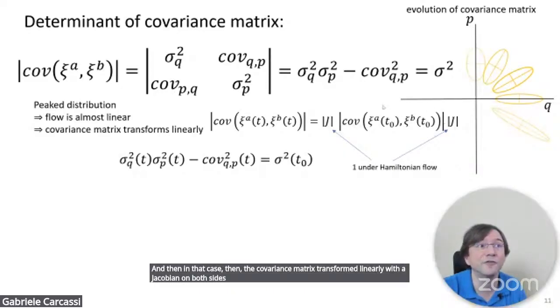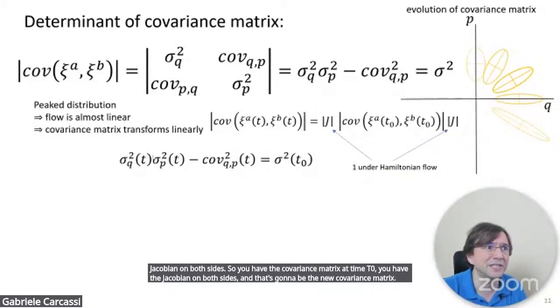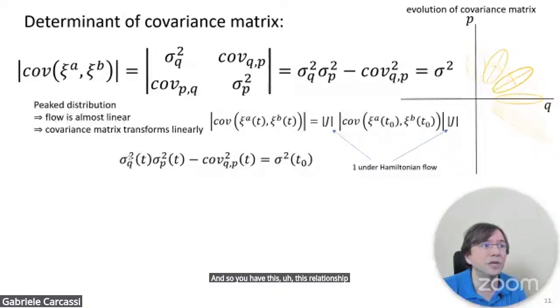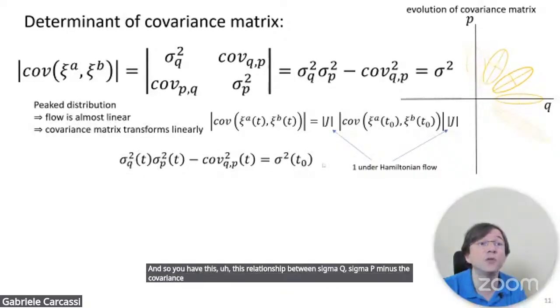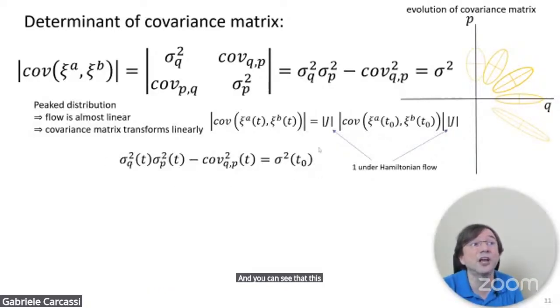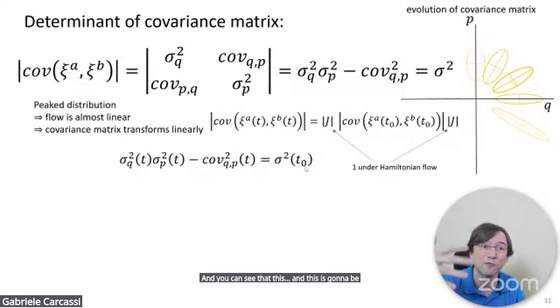So you have the covariance matrix at time t0, you have the Jacobian on both sides, and that's going to be the new covariance matrix. And so you have this relationship between sigma q, sigma p minus the covariance, and the original uncertainty. And you can see that this is going to be the original one. So it's the same for the whole evolution.